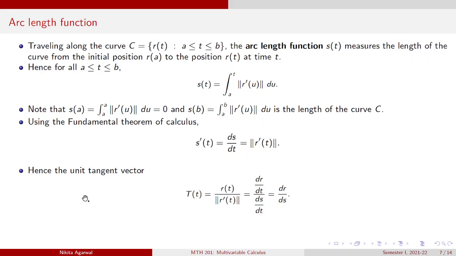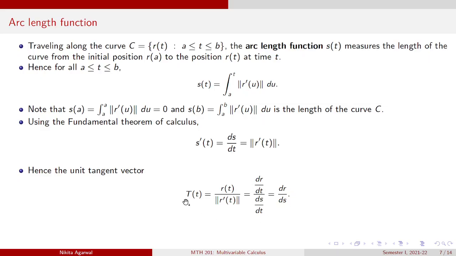Now, we defined unit tangent vector in the last class. So, what is unit tangent vector? It's T of t, which is nothing but r prime t divided by norm of r prime t. So you normalize the vector, and r prime t is nothing but dr dt, and norm of r prime t is from the previous bullet, it's ds dt. So this becomes dr ds.